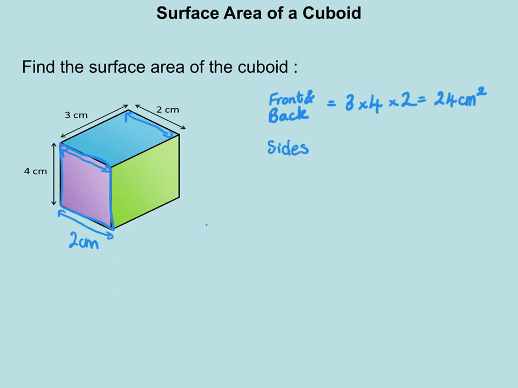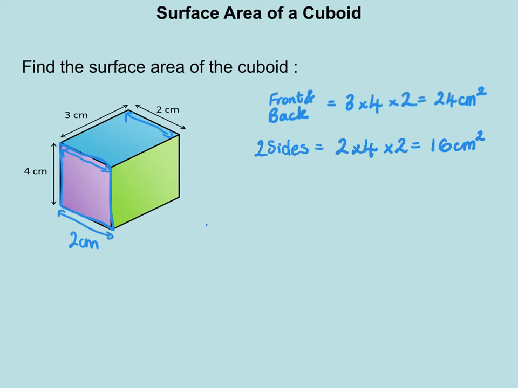Remember, we have got 2 sides, and one is hidden. So that purple bit is a 2 by 4 rectangle, but we've got 2 of those rectangles, one is hidden. So 2 times 4 times 2. Now this question is in centimetres, so its area would be in centimetres squared.